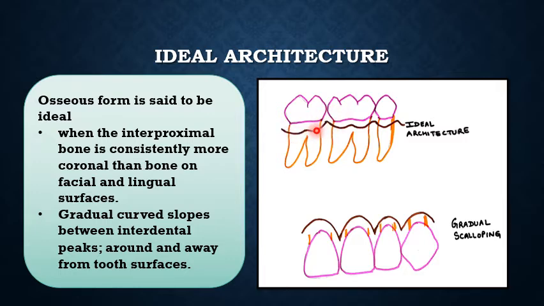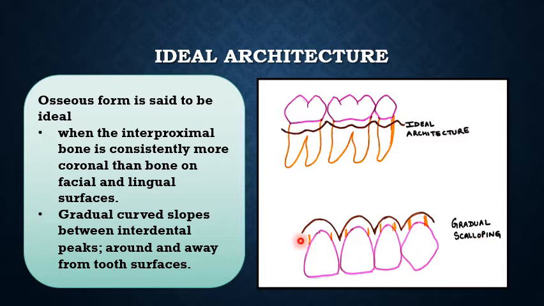So when the interproximal bone is consistently higher or more coronal than the bone on the facial or the lingual radicular surfaces, there is a gradual curved slope between the interdental peaks around and away from the tooth surfaces. So that means ideal architecture gives us a scalloped appearance. There is a gradual scalloping.